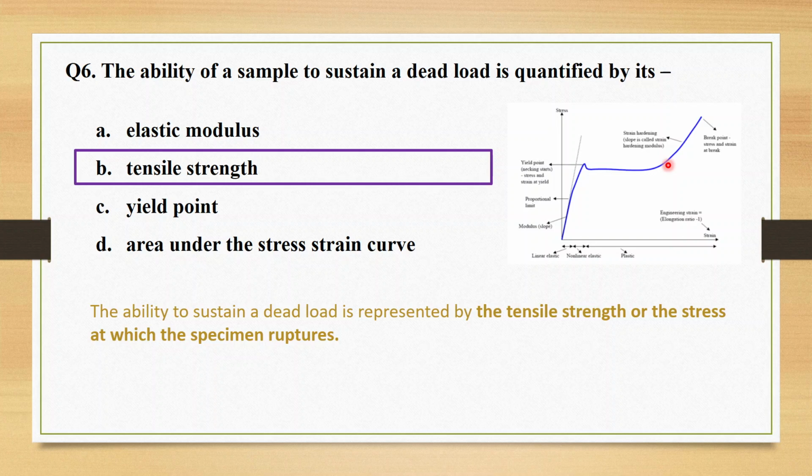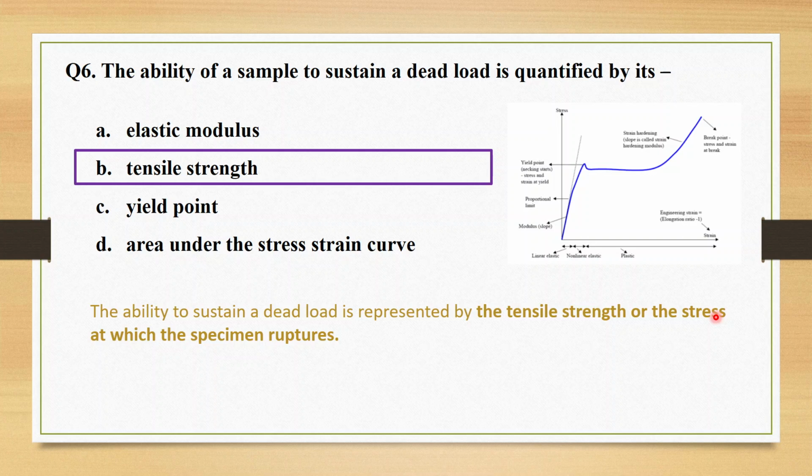Beyond this, when you apply more stress or more strain, you will try to elongate a plastic fibre. To a certain stage it will elongate, but after that when the strain is too much, it will simply break. Dead load means the same thing, the point at which the specimen will rupture.